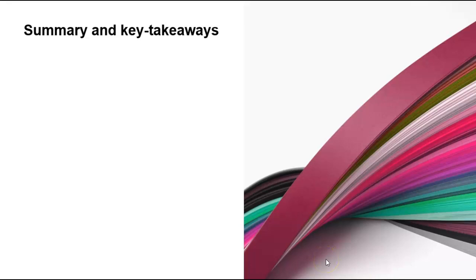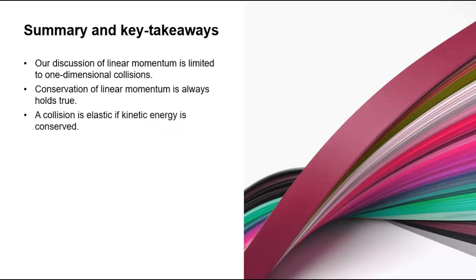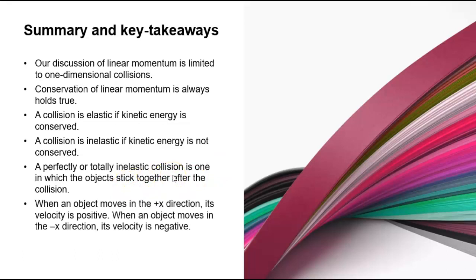All right, so let's look at some summary and some key takeaways. Our discussion of linear momentum is going to be limited to one-dimensional collisions. Conservation of linear momentum always holds true. A collision is elastic if kinetic energy is conserved, inelastic if kinetic energy is not conserved, and it's called perfectly or totally inelastic if the objects stick together after the collision.